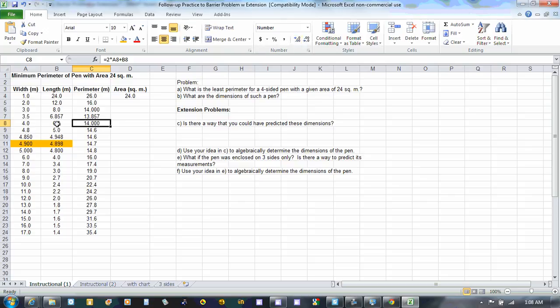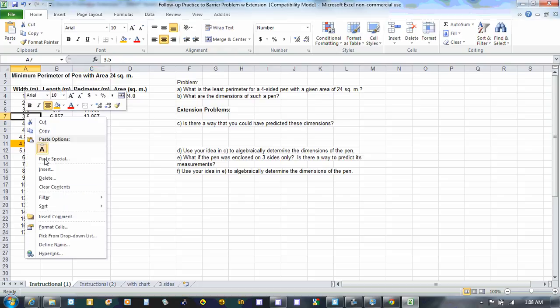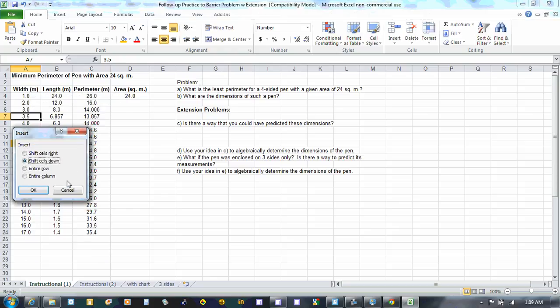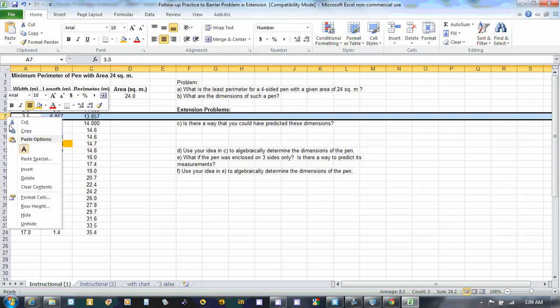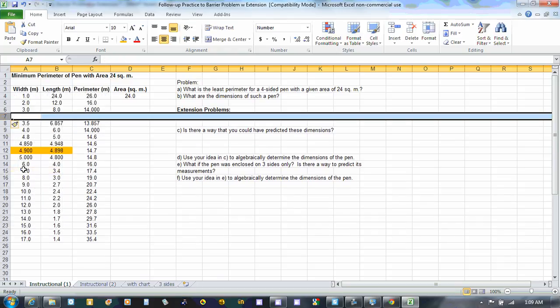Okay, let's just test this theory a little bit more. What if we tried a value such as 3.45? What would happen there? Let's test this out and see.